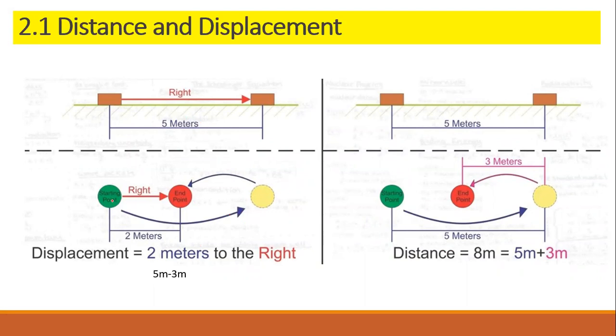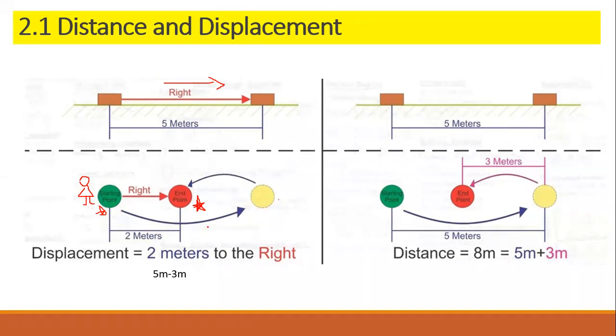Look at this. This is the right side and this is the starting point, and this is the end point here. In this case, the end point is in the middle. This person has come to this place first and then moved to the end point, which is in between both points.